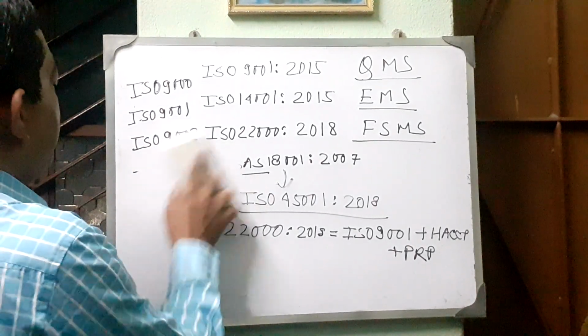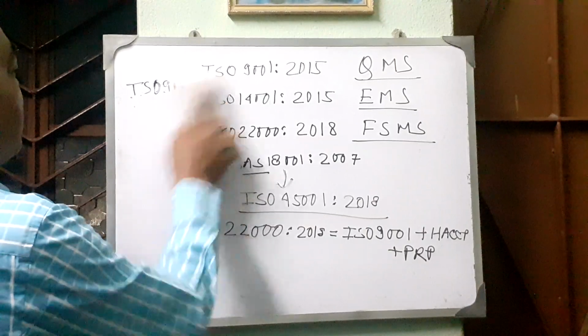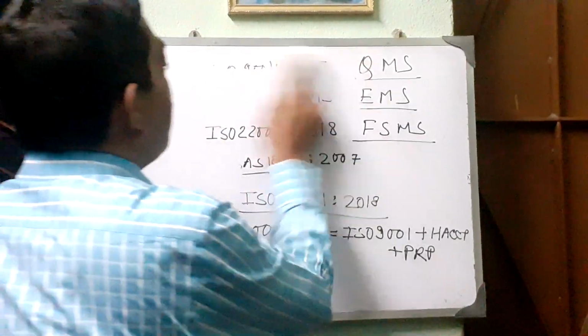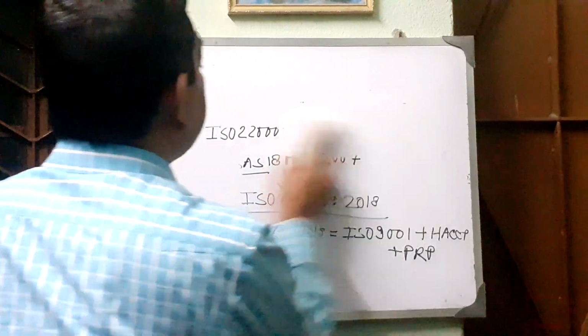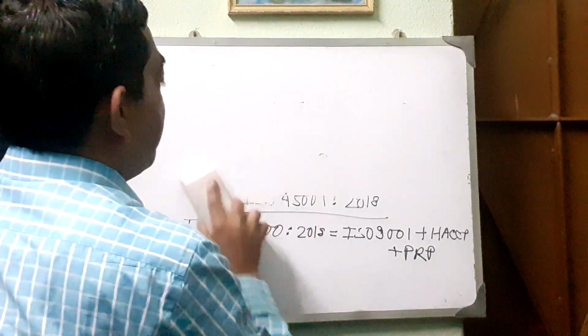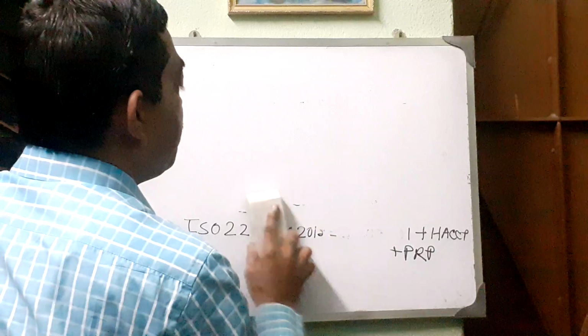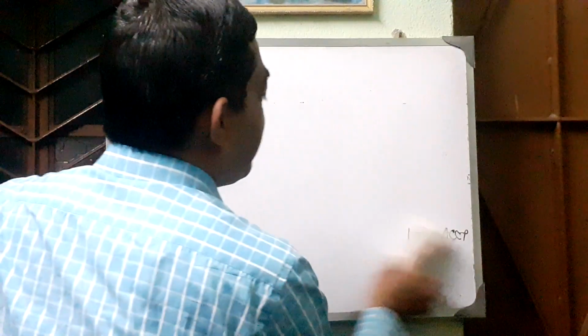Now we are going to talk about the 7 principles of QMS, quality management system, ISO 9001. So what are the 7 principles of ISO 9001?